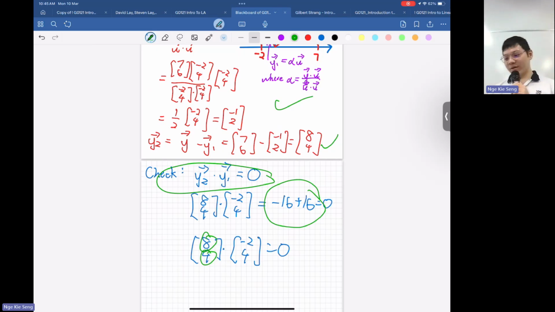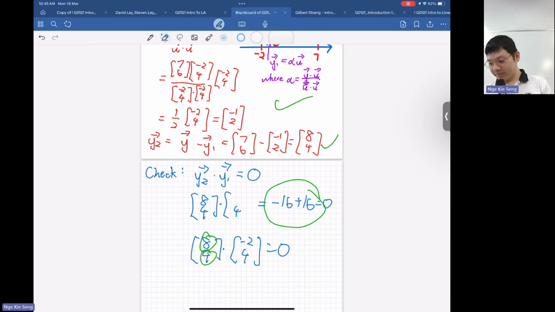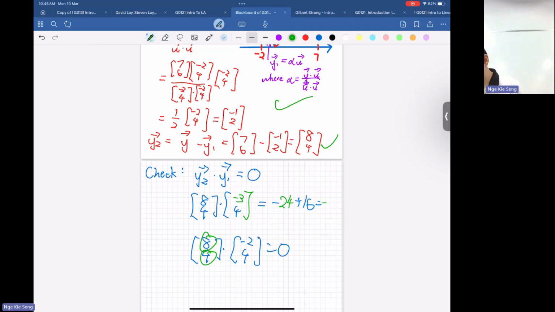If you want to check, then do a proper check, and then you will see that, let's say you have a calculation error here, -24 plus 16 is not 0. You get -8, non-zero. So go back and check where your calculation went wrong. It's not writing for the sake of writing. Please, don't fool yourself, okay?